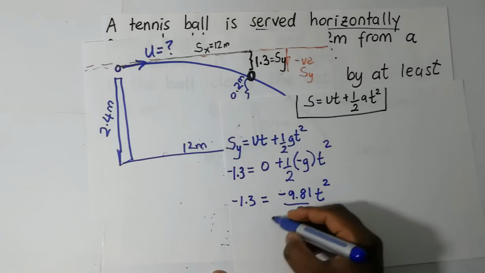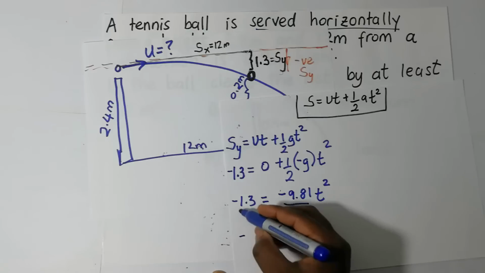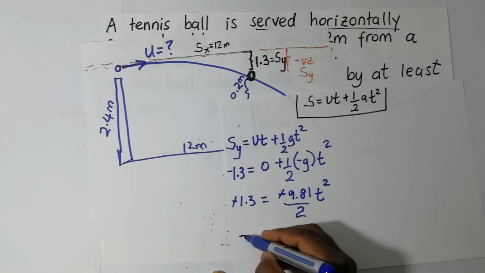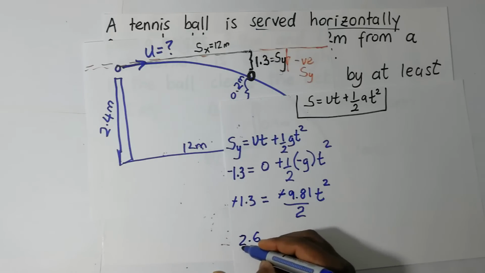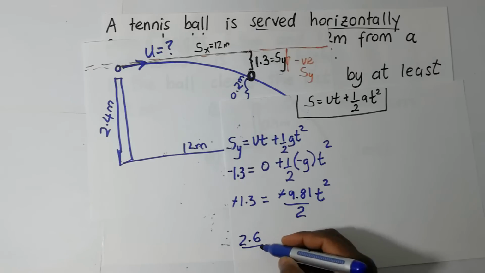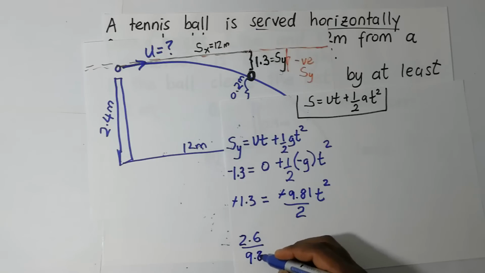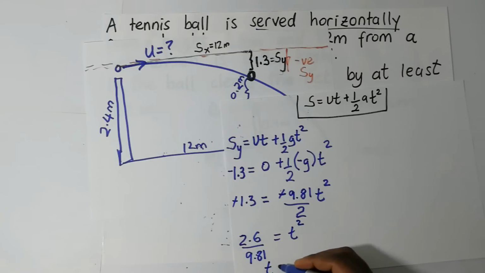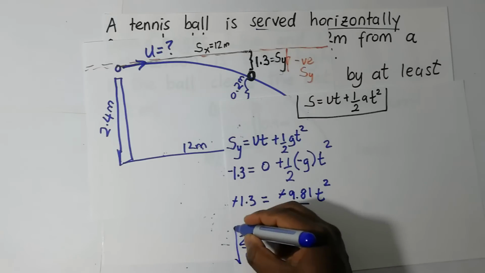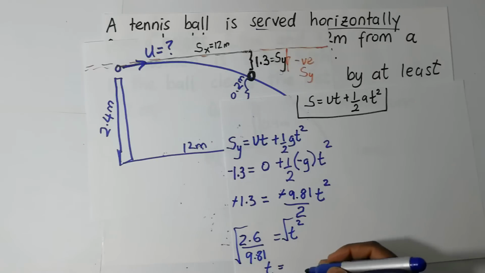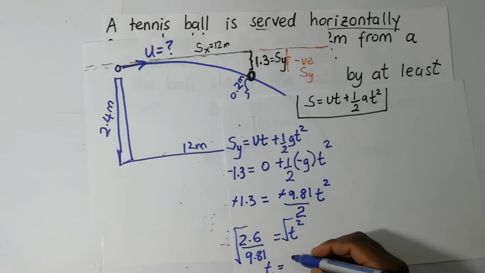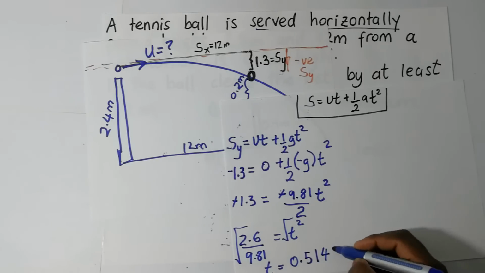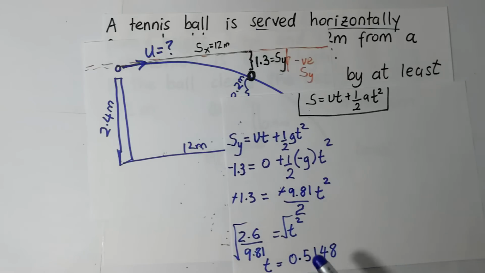Multiply both sides by 2, and of course these negatives will go, we end up with 2.6, divide that by 9.81, giving us t squared. And our value of t here, when we find the square root on both sides, we end up with 0.5148, in seconds.